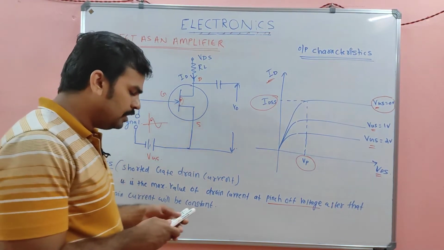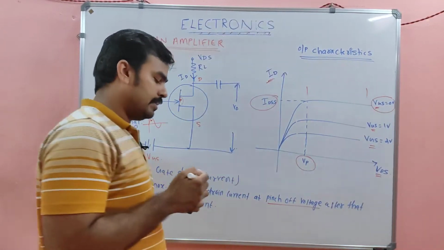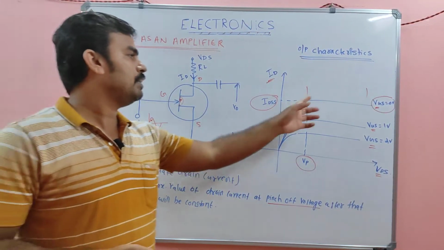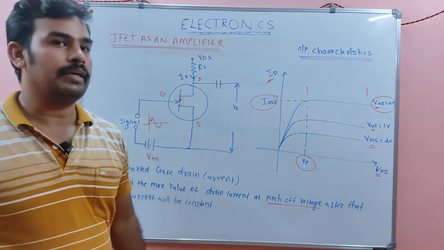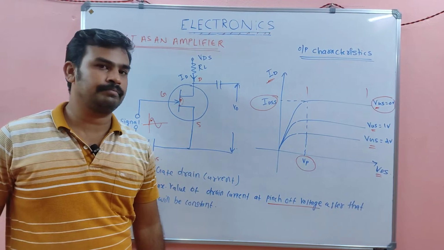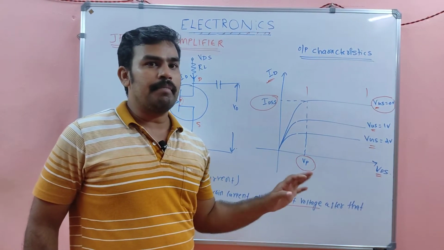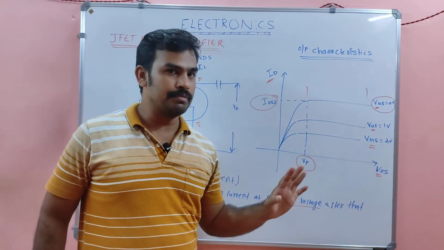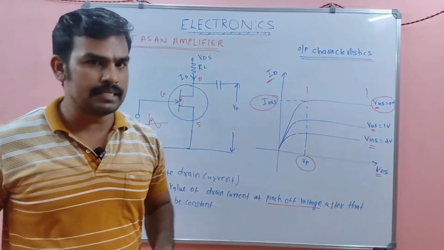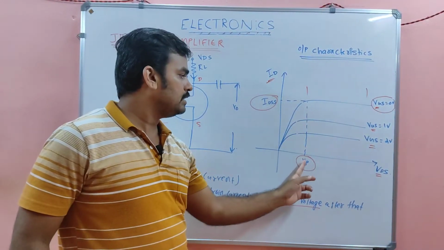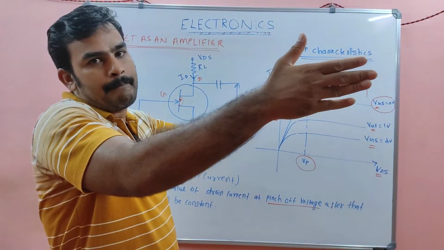And I am asking you one thing, my dear. Why is this region a constant current region? Whenever we increase VDS, there will not be any increase in current here. Why? Because at pinch-off voltage, my dear, there will be a maximum flow of current. Even if we increase VDS, this current is actually constituted by a certain width of the channel.